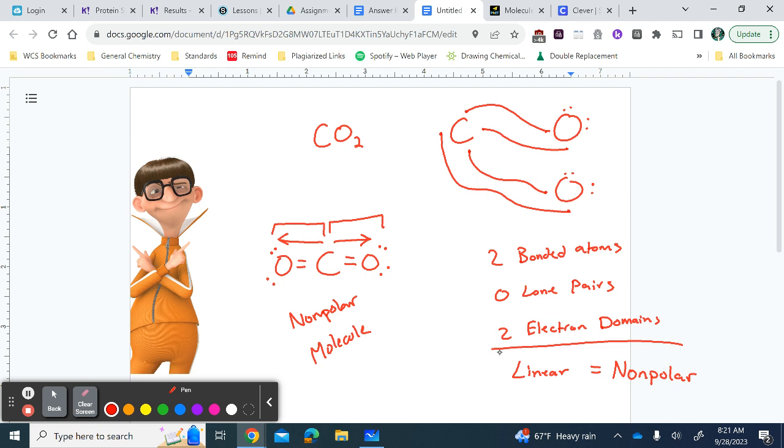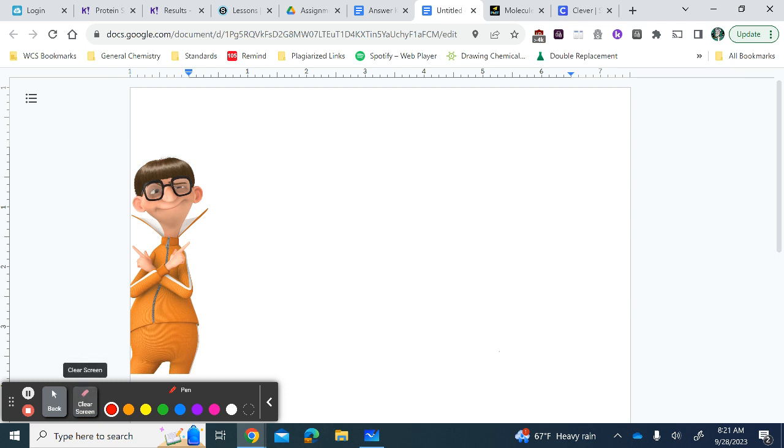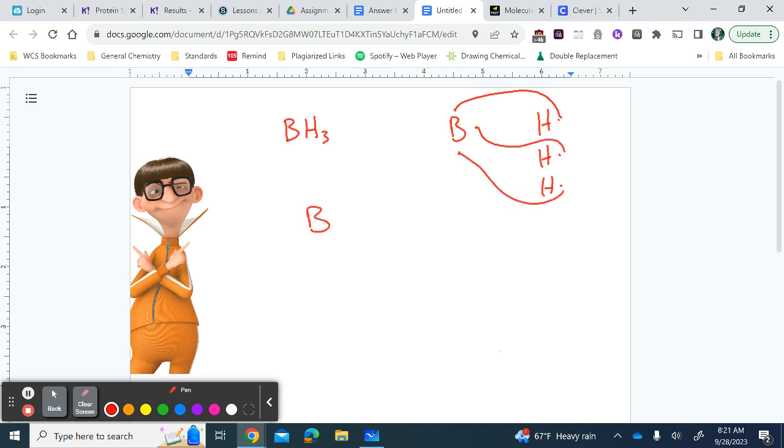Another geometry we've discussed, and we'll work through the example BH3. It's an example we've been working through. We have boron with its 3 valence electrons, hydrogen each with their 1 valence electron. When we connect our dots, we can redraw our molecule, boron, with a connection to a hydrogen here, a connection to a hydrogen here, and a connection to a hydrogen here.